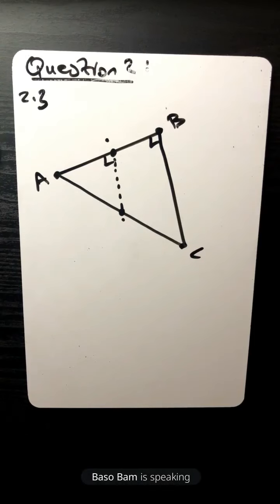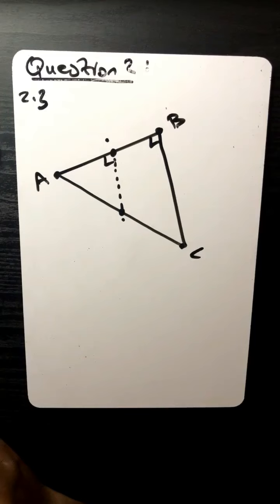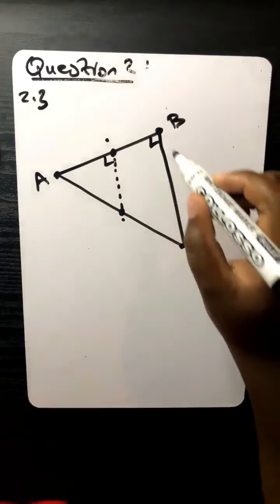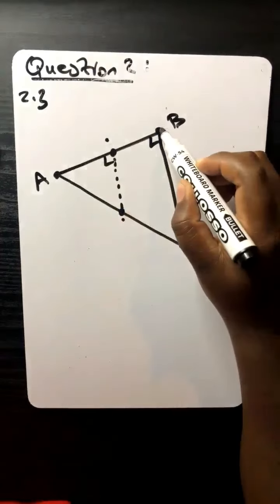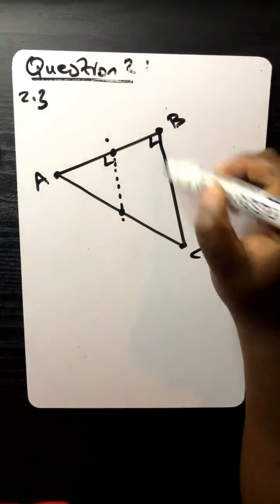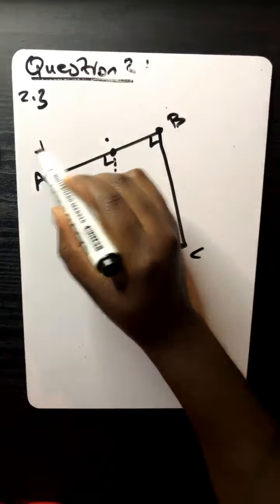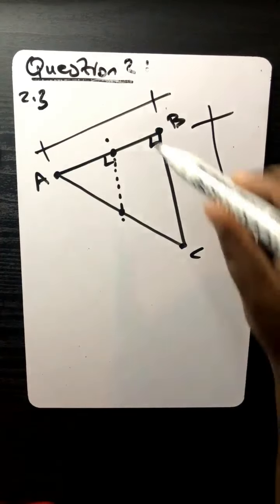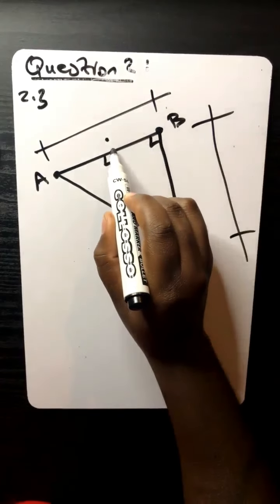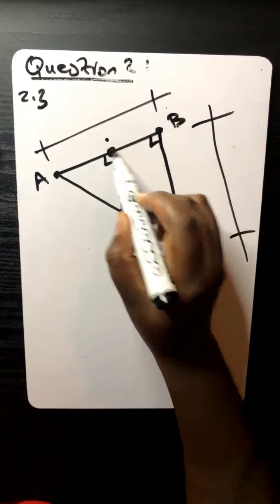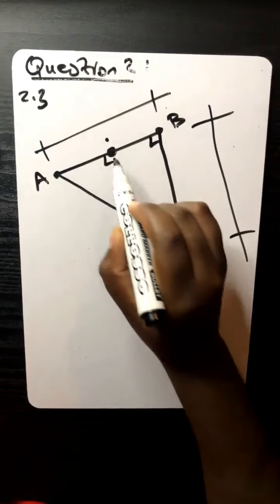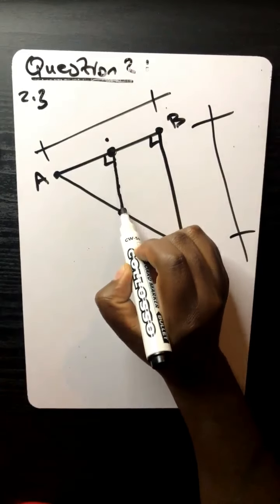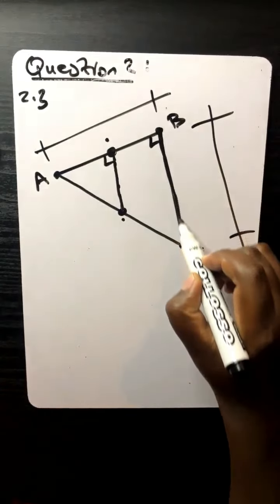Can you repeat the question, sir? I wanted to ask: if we have AB being a line and we have BC, and these two lines are equal, and we join that midpoint with that midpoint, are these two lines not parallel?